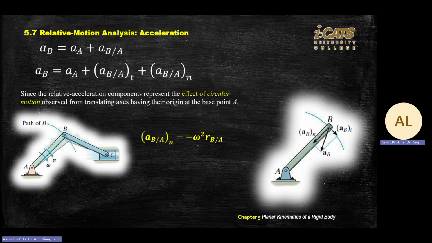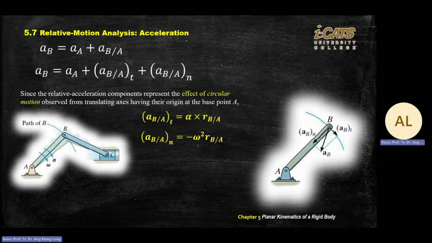It will always follow the body line AB, toward the center, point A. Then you can calculate the resultant of AB: the square root of AB normal squared plus AB tangent squared.